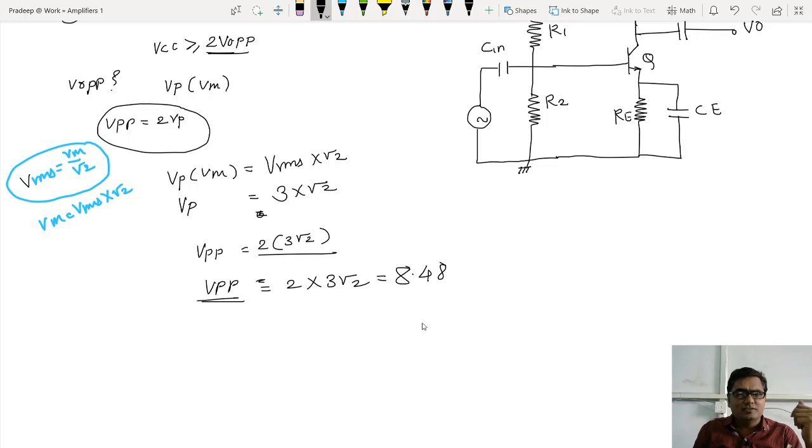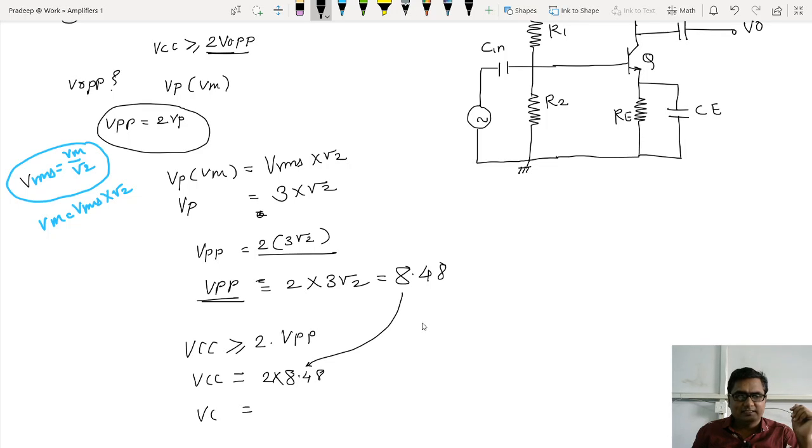But my aim is to calculate VCC, not V peak to peak. VCC is generally greater than or equal to twice of V peak to peak. It means VCC can be equal to twice of 8.48. So 2 multiplied by 8.48.